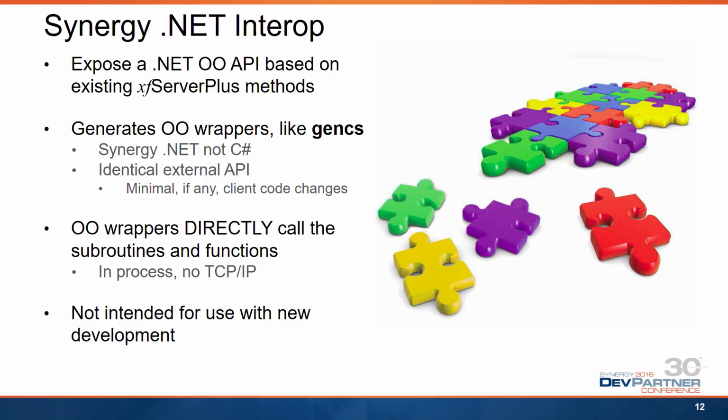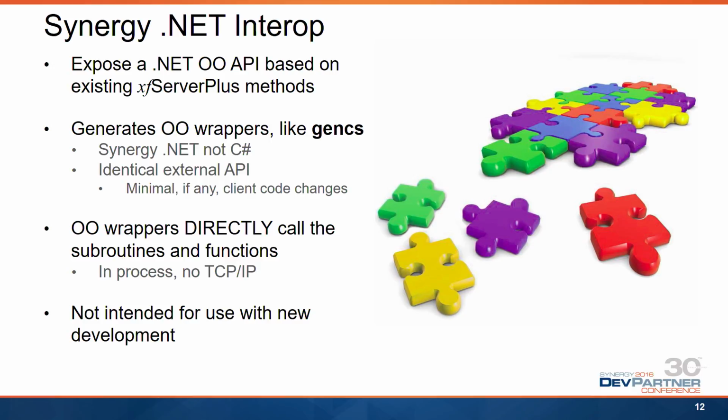So the idea is that you can use the Interop project to generate a .NET version of what you had before from GenCS, and you can then just drop all the xfNetLink.NET stuff from your application, literally remove the references, and add a reference to the Synergy.NET Interop project instead. In theory, and very often in practice, with sometimes a tiny bit of tweaking needed, your client application just continues running with no code changes required, because the API is the same.